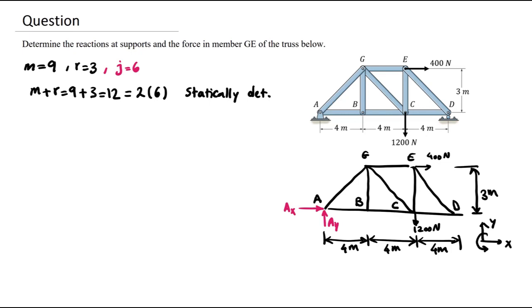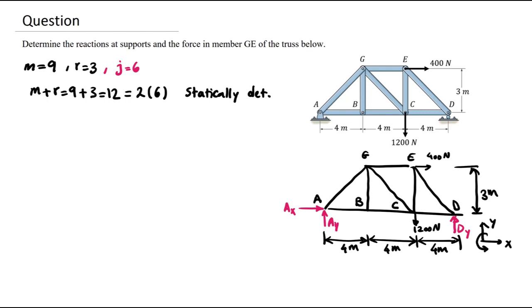There are going to be AX and AY that prevents it from translation in X and Y axis. The roller can roll away, so we are going to have translation in X axis, and we are going to have rotation, but the roller prevents the structure from jumping up or down, so we are going to have a reaction force that prevents it from movement in Y axis. Now I have the free body diagram.